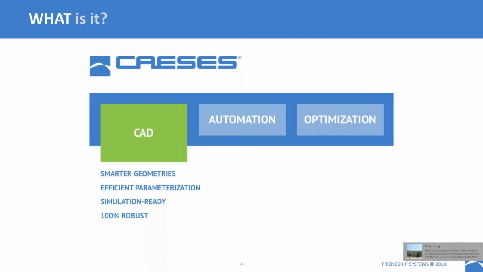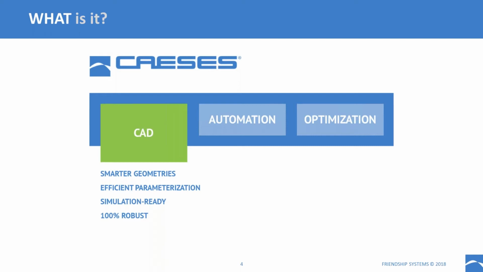So let's take a look in slightly more depth into CAESES. So what is CAESES? What is included in CAESES? I mentioned this already. The major part of CAESES is the internal CAD system. So here we focus on creating smart geometry models that are suitable for this kind of variation processes.